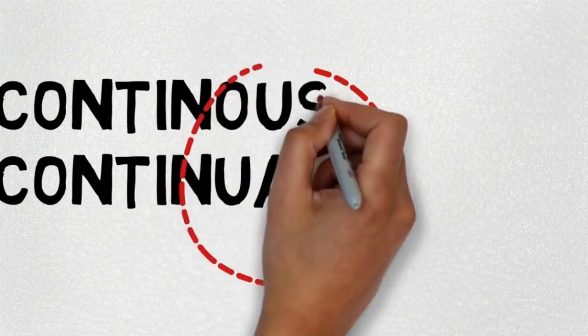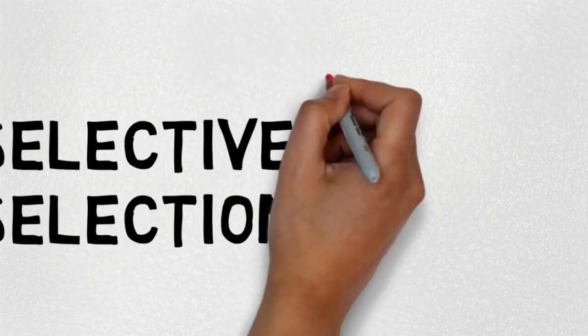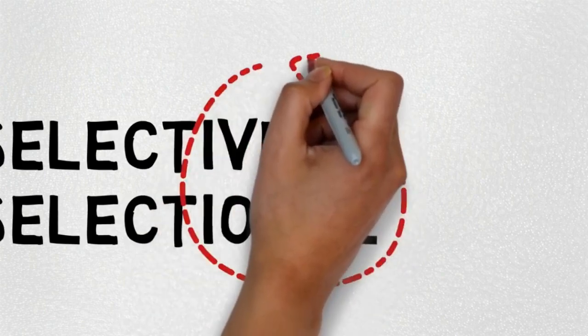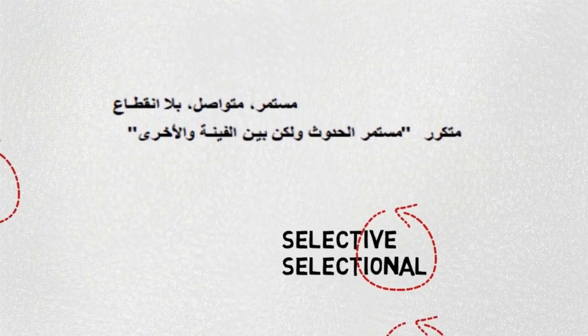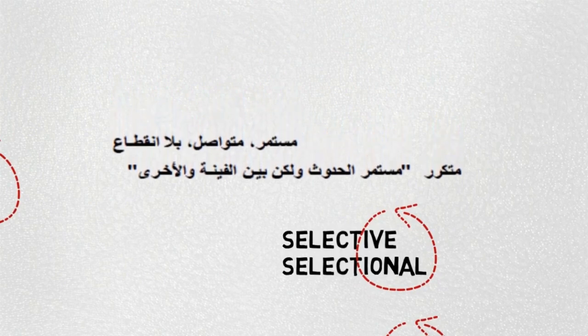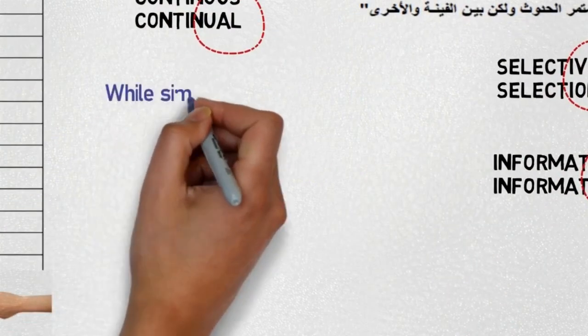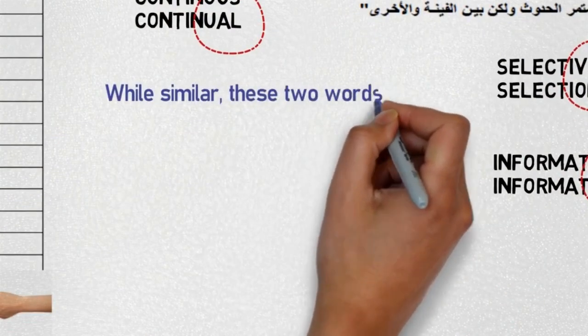To translate the first pair of words into Arabic, one may interchangeably use many synonyms as equivalents of both English words, like مستمر, متواصل, متلاحق, متعاقب, دائم. However, some sources highlight subtle differences between the two English words.